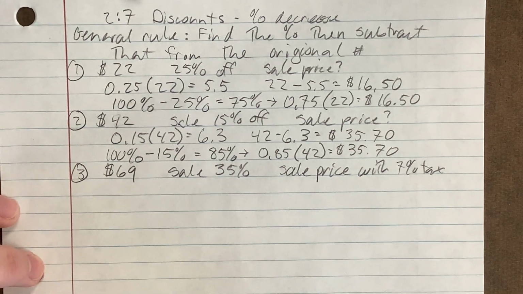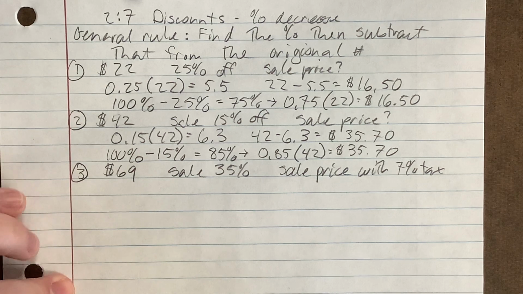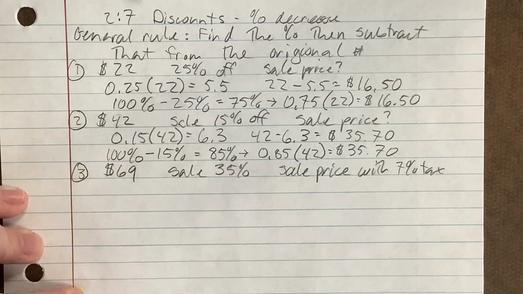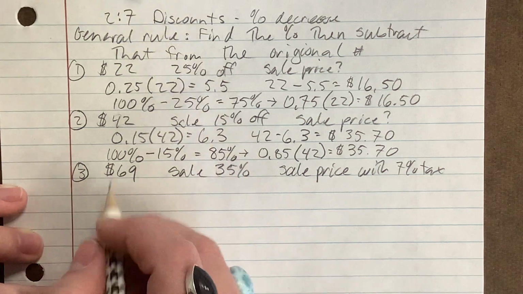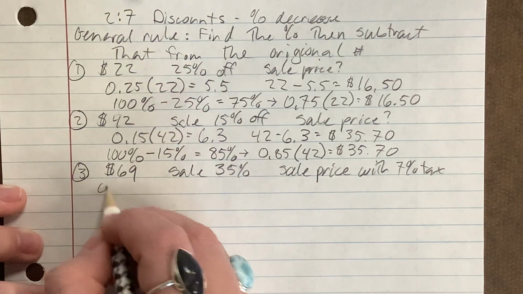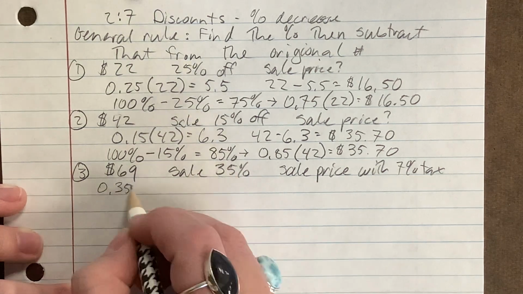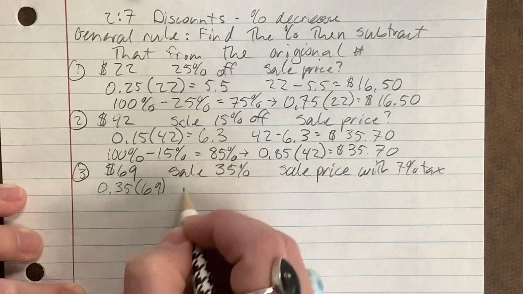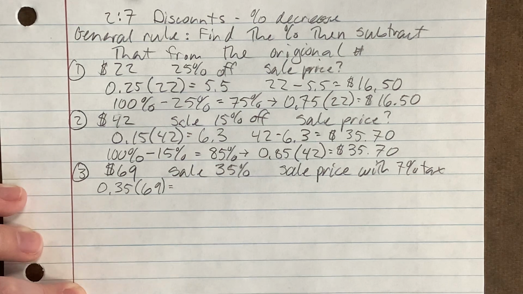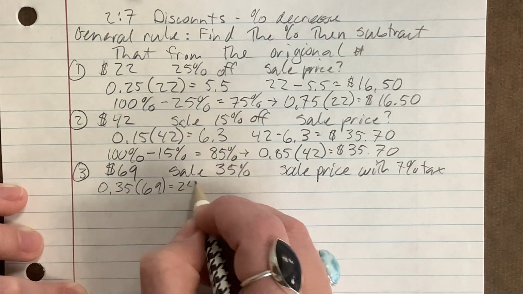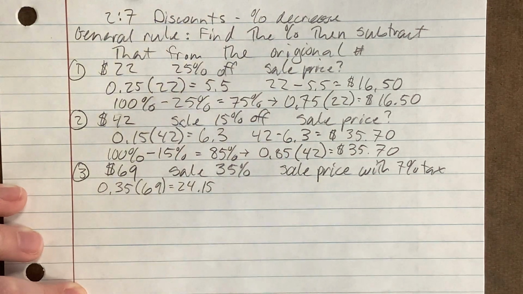Okay, so we have 2 steps on this one. So we'll do the regular way first. I'm going to change 35% to a decimal, 0.35 times 69. Okay, so we're going to save $24.15.